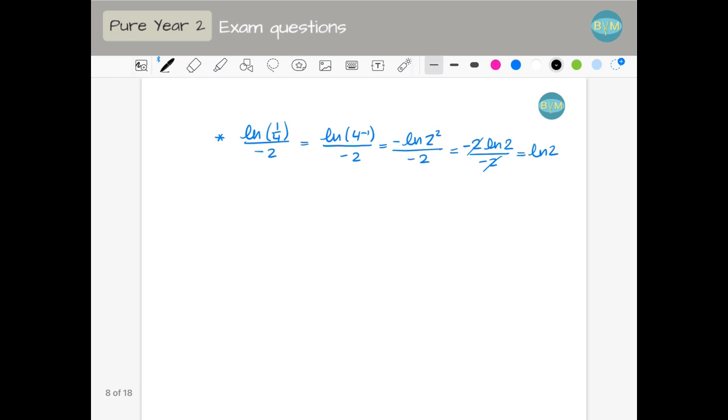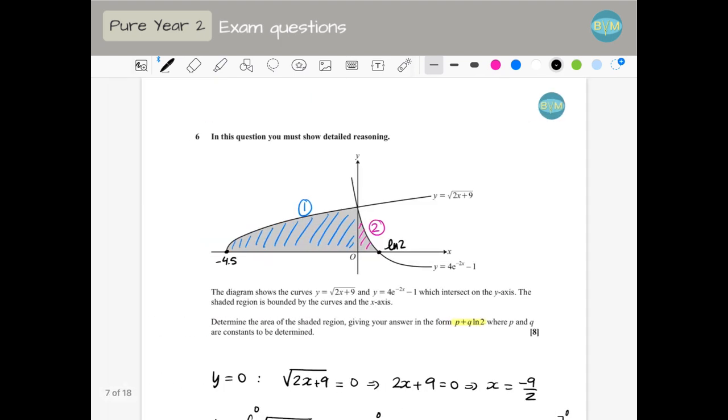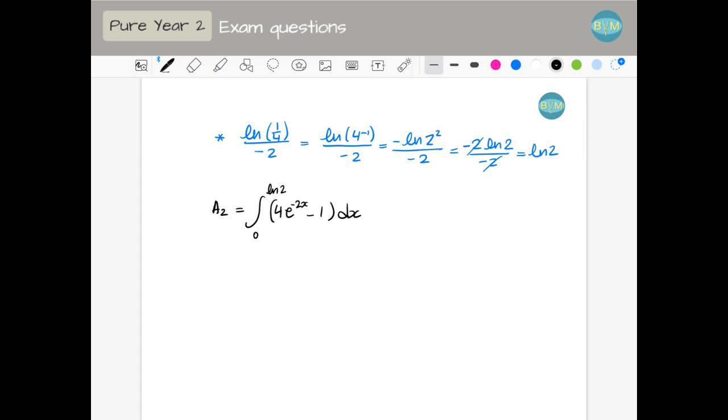So now to find area 2, we are going to do the integral between 0 and ln 2 of my function, which is 4e to the power minus 2x minus 1. Remember, when we differentiate e to the power of kx, we have k e to the power of kx. Nothing happens with the exponent.